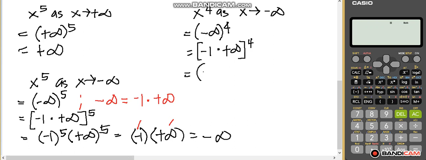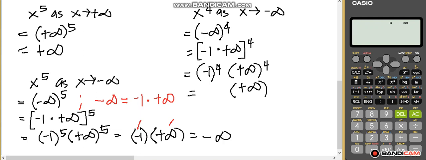So that's negative 1 raised to 4 times positive infinity raised to 4. Again, class, positive infinity is a very large number. Now, imumultiply mo yung positive number ng 4 na beses doon sa sarili niya, edi mas lalong lalaki na naman yung value niya. So, positive infinity, you raise that to 4, you will still approach positive infinity or a number very large in value. So this will become positive infinity.